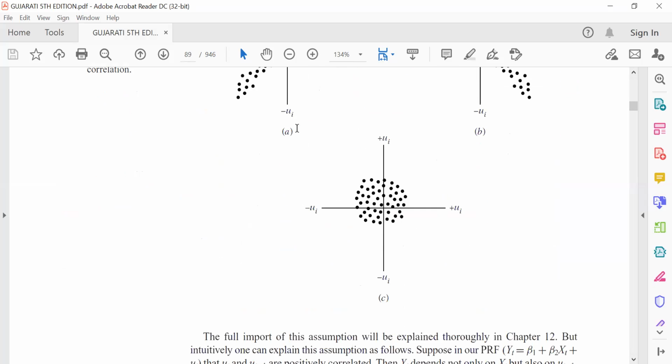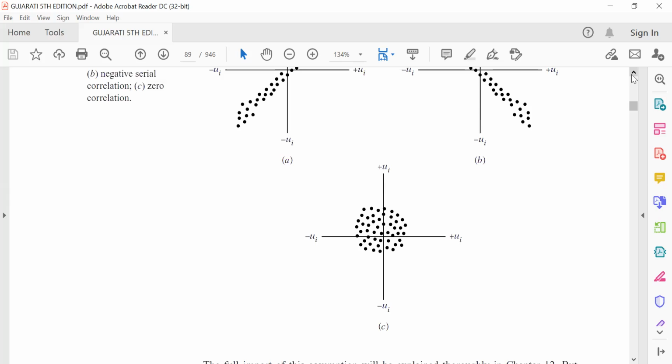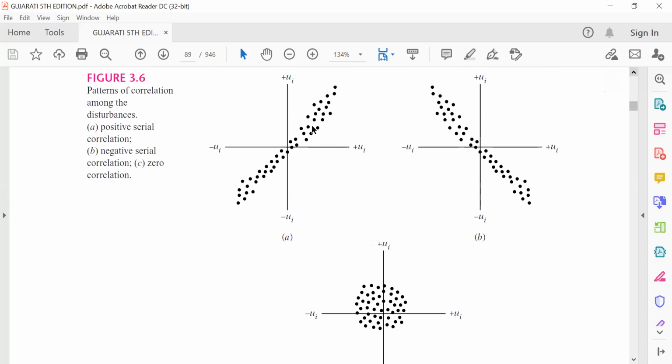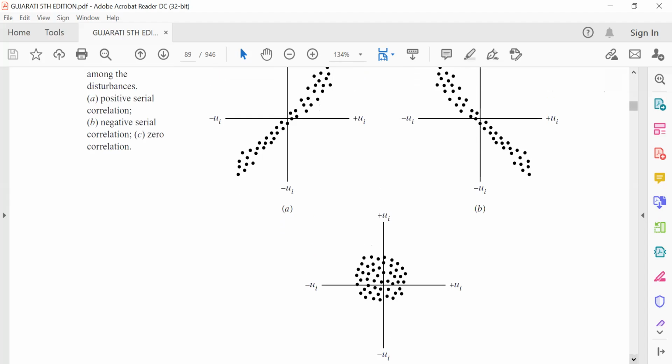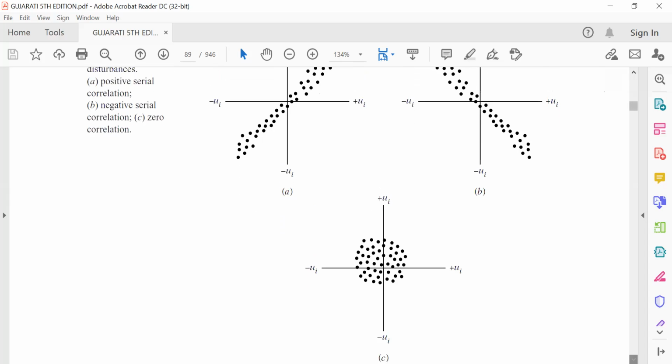In C there is zero correlation, because there is no pattern here. For A and B, they have a pattern. If you graph the residual against the lagged residual like this, or, for example, another type of residual like this.